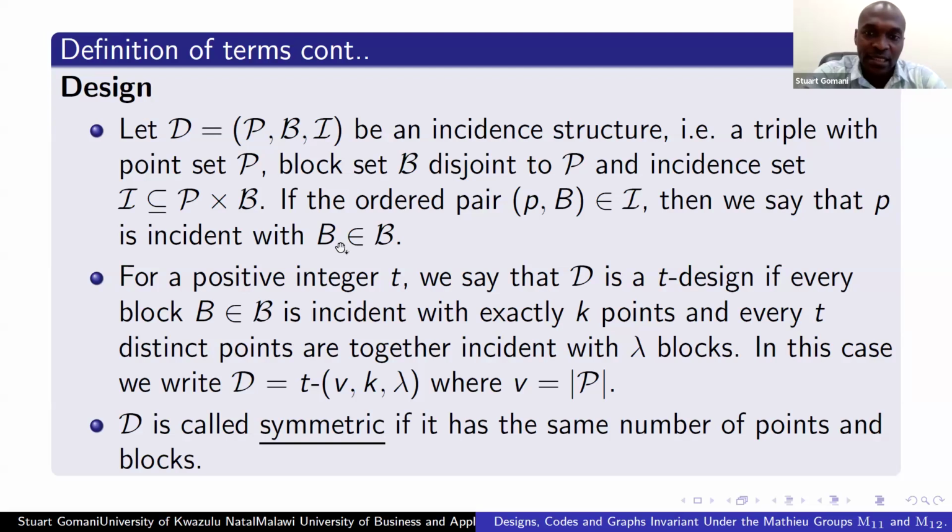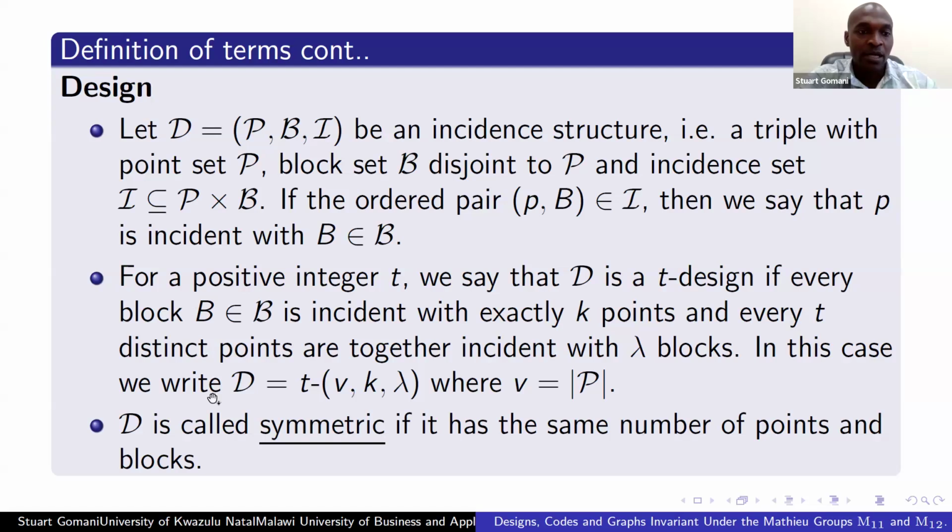For a positive integer T, we say that D is a T design if every block is incident with exactly k points. By that, we mean that this block contains exactly k points. And every T distinct points that we can get from the point set are together incident with lambda blocks.